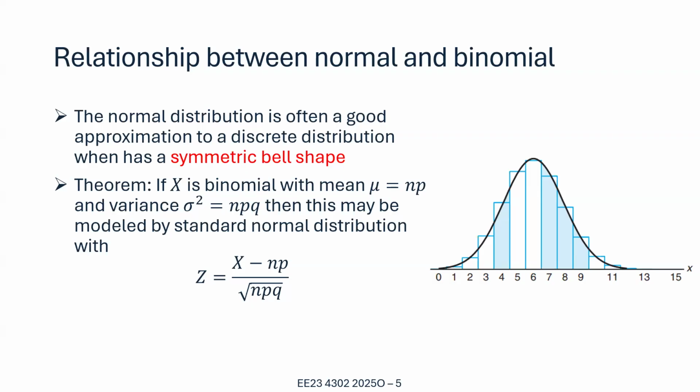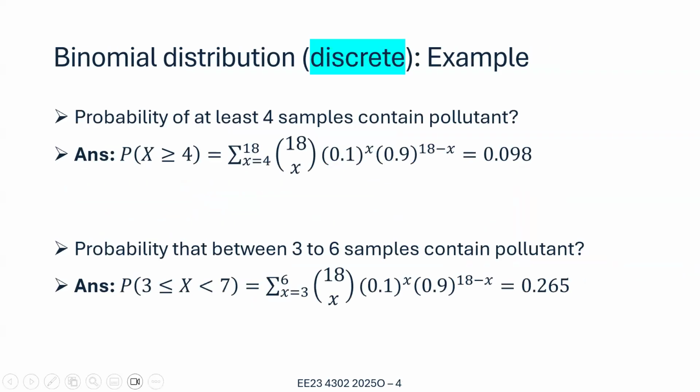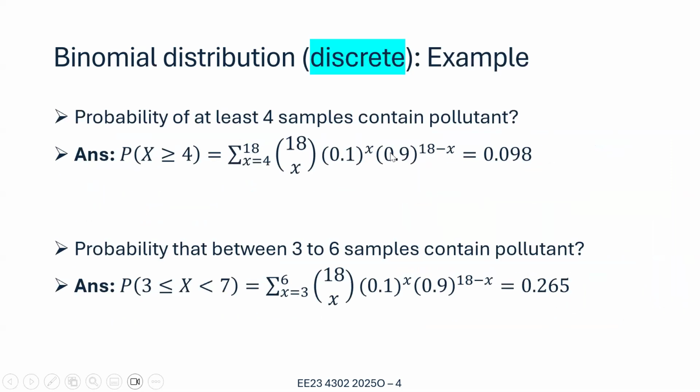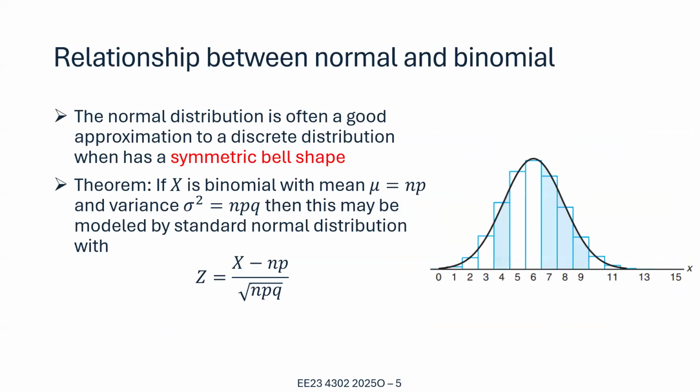If you try to plot this binomial distribution for any numbers here, we can see in this example that it looks like the normal distribution, especially if the probability is in the middle. If it's a half, then it's symmetric.